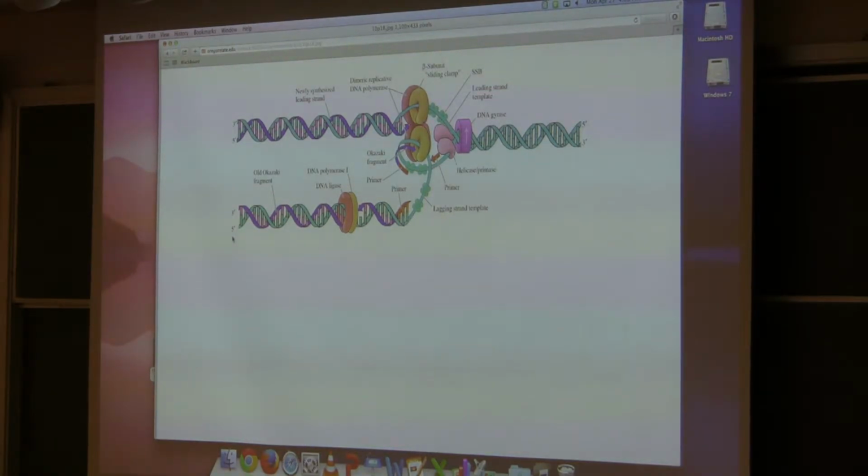Okay? It turns out that there is an enzyme that will start replication for a DNA polymerase. And it's actually an interesting enzyme. It's an enzyme called primase, P-R-I-M-A-S-E.